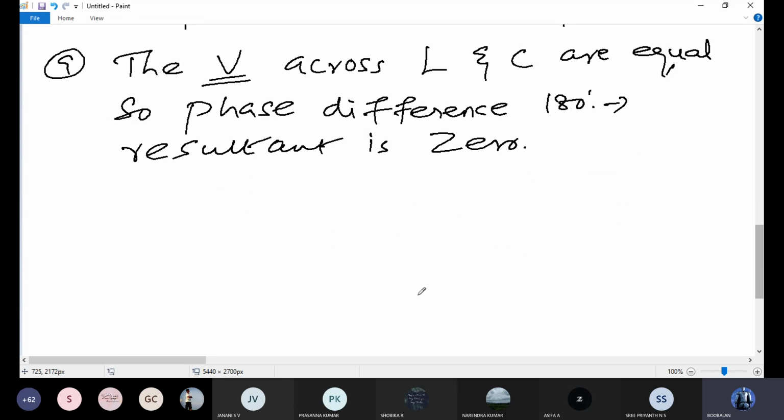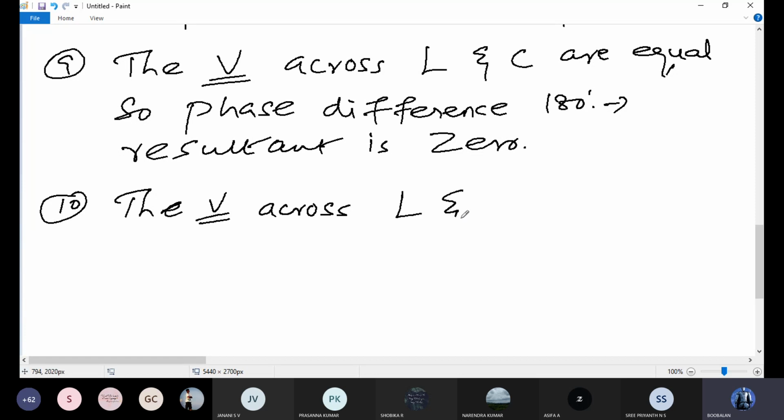Okay, next one. The voltage across L and C are very high, maximum value, as compared to applied voltage.